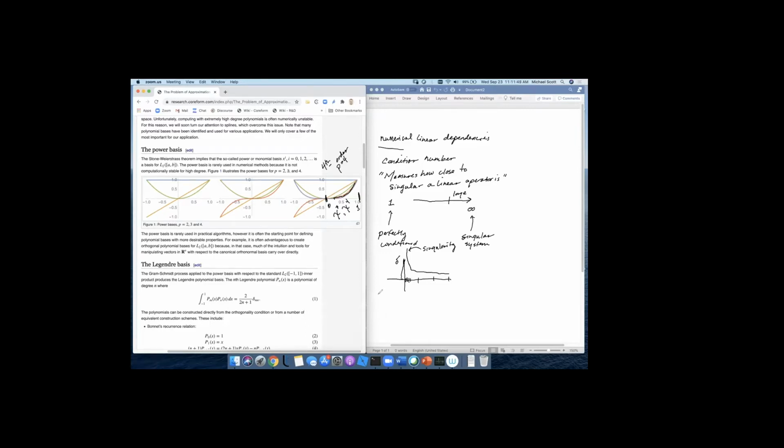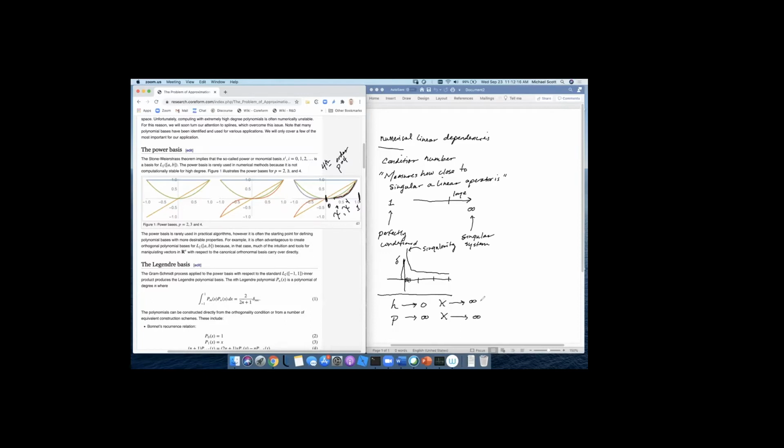Okay. So just at a high level, we'll dive into this more later, but as the mesh size H goes to 0, the condition number goes to infinity. As the polynomial degree goes up, the condition number goes up.